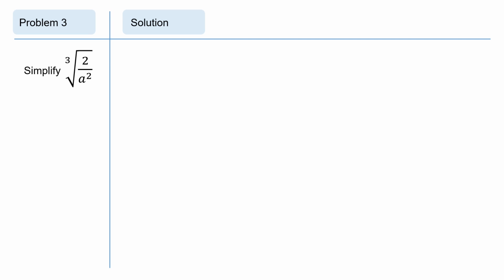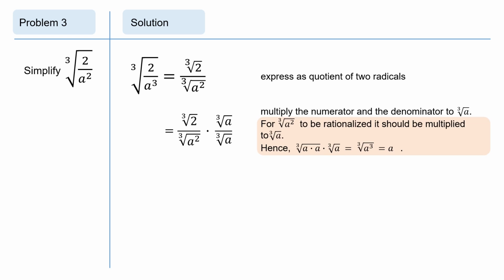Problem 3. Simplify the cube root of 2 over a squared. Express as quotients of two radicals. So, pinaghiwalay lang. Then, yung ginawa natin kanina, rationalize.